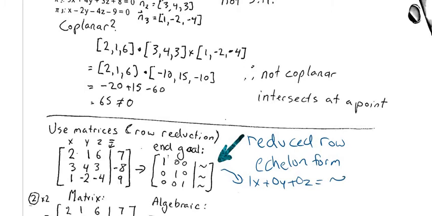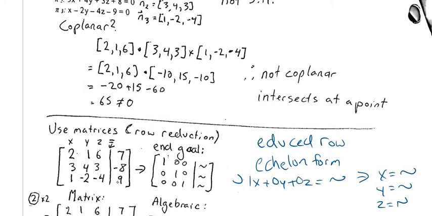We know that just means x equals some number. Now take a look at the second line. We have a 1 in the y column, that's going to be y equals some number. And for the third line, we have a 1 in the z column. So that means z is going to be equal to some number. So essentially, if we can get it looking something like this, we have discovered our three coordinates for our point.